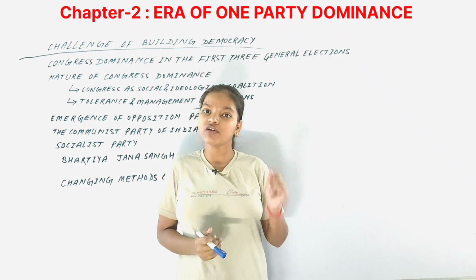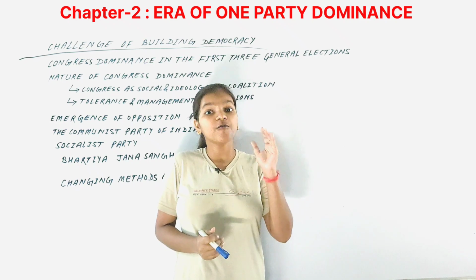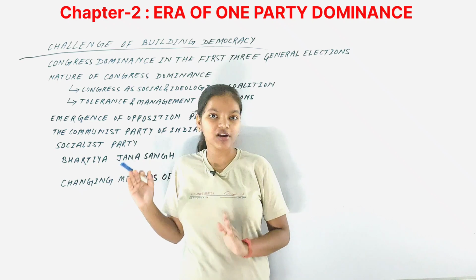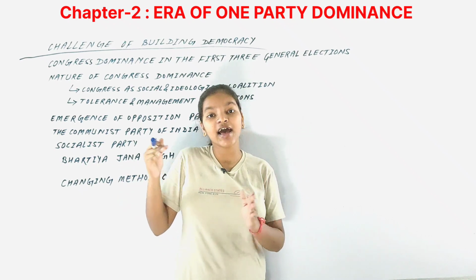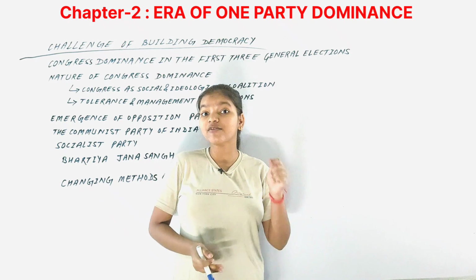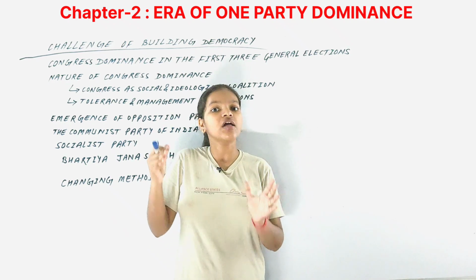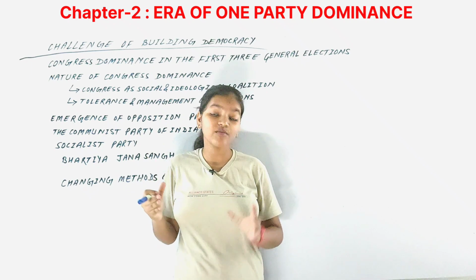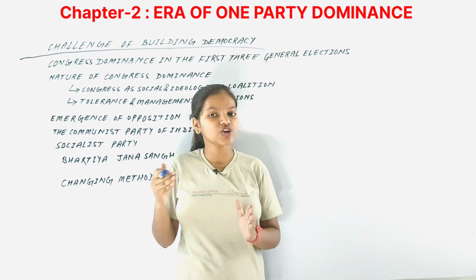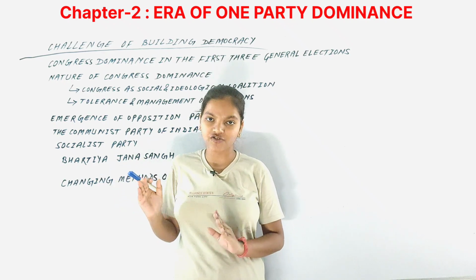How they adopted it, we will be studying in this chapter, but for now, you have to know that India adopted democratic politics in the country immediately after independence, and that was because the leaders at that time considered democratic politics as a solution to all the problems of the country.